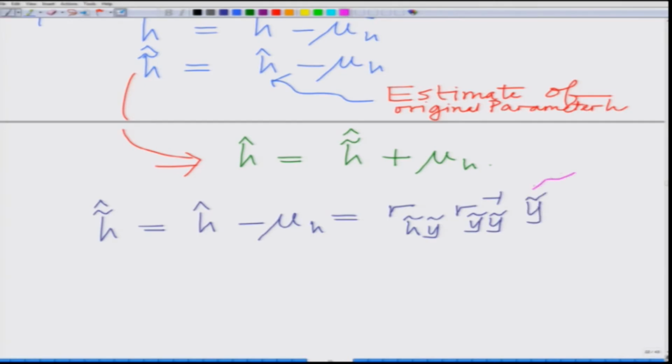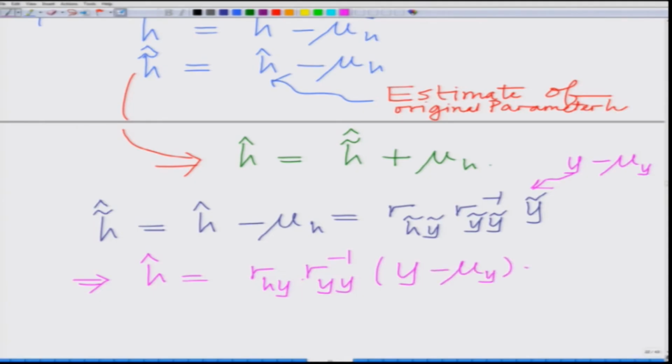But remember Y tilde is equal to Y minus mu Y, which implies now H hat equals, now look at this, R H tilde Y tilde is nothing but R H Y, this is nothing but R Y Y inverse, because R Y tilde is R Y Y, Y tilde is Y minus mu Y, plus mu H. From the left, I bring it to the right, I have mu H, and that is the expression for your MMSE estimate.